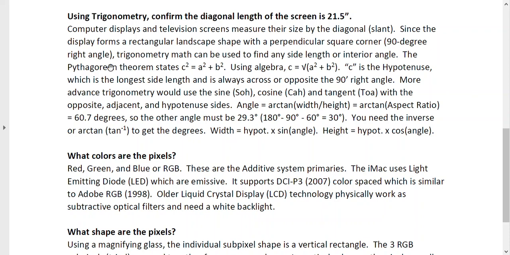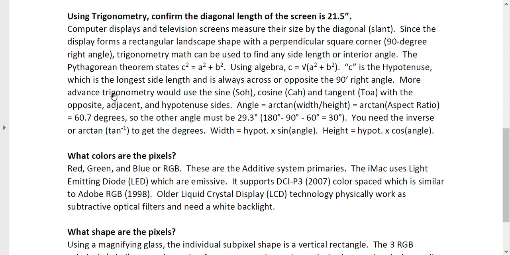So the Pythagorean theorem states that c squared is equal to a squared plus b squared. So using basic algebra, we can solve for c. So c, the hypotenuse, the diagonal slant, is the square root of a squared plus b squared. So if you did that, you would find out that, again, the screen is 21.5 inches.